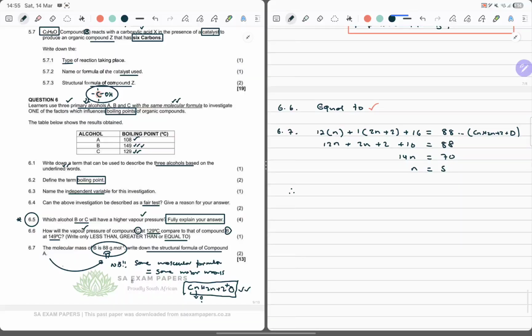Let's think about it. The shortest chain length should be prop, isn't it? Prop. So 1, 2, 3, while we can have branches. So this is going to be the OH, and then the hydrogens, then this should be methyl branches.